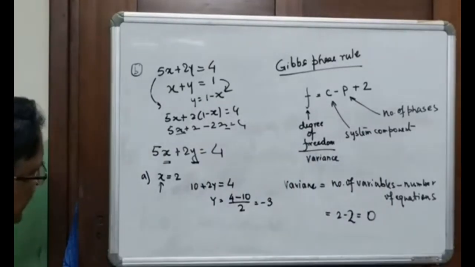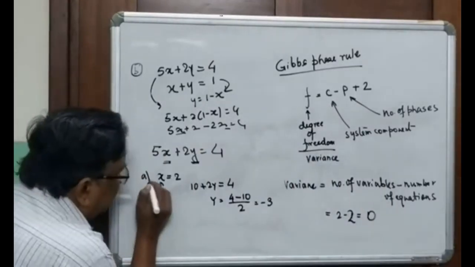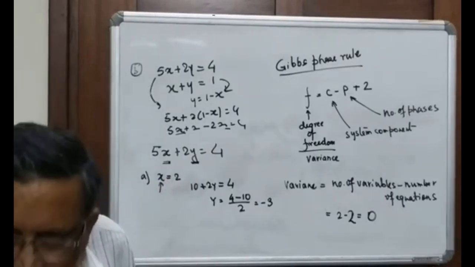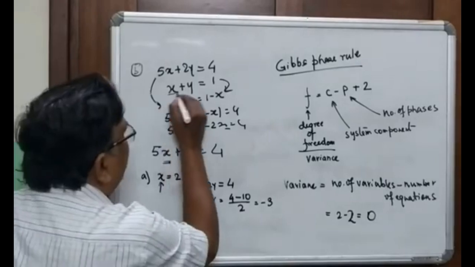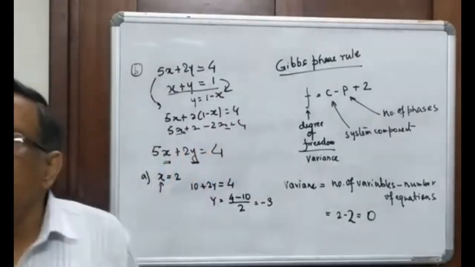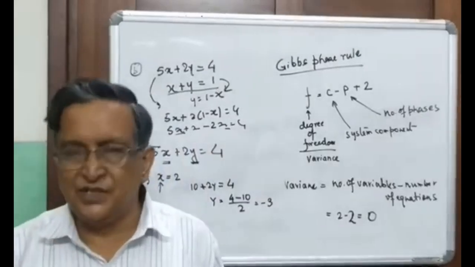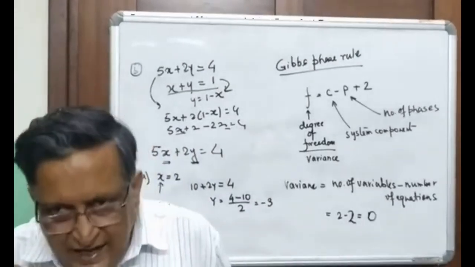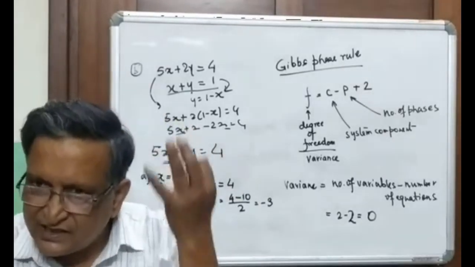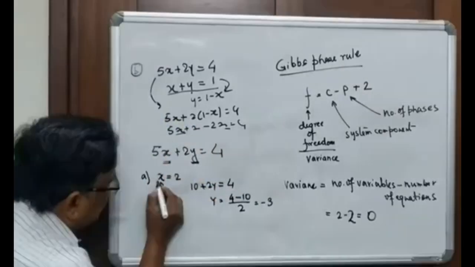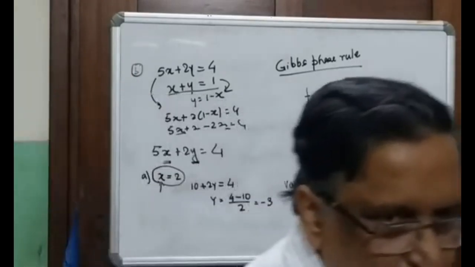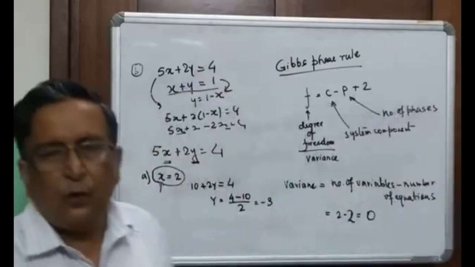In the first place, I have given a value x is equal to 2. And here I have added an additional equation. There is no difference. A and B look different, but in concept it remains the same. Why? Because x is equal to 2 is also an equation.